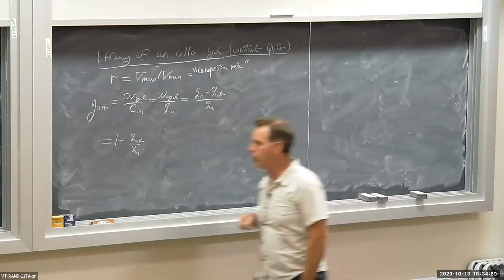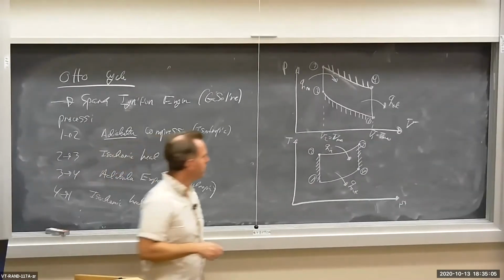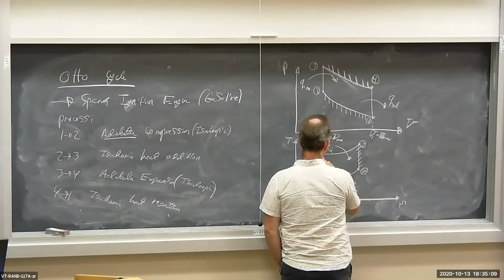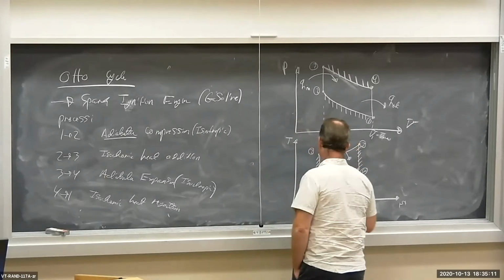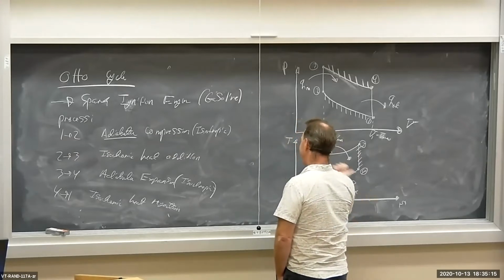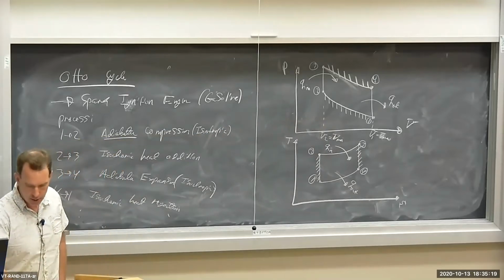Let's have a look at our PV and our TV diagrams. Q out occurs from state 4 to 1, and q in occurs from state 2 to 3. Q out, by the way, is out positive, and q in is in positive, so we have to worry a little bit about the signs here.